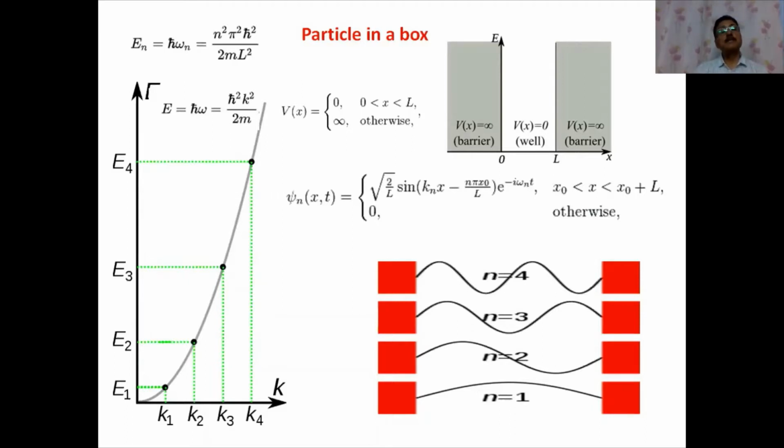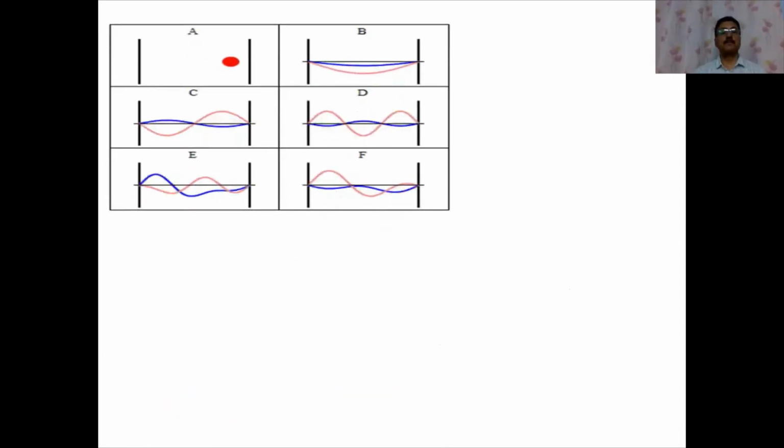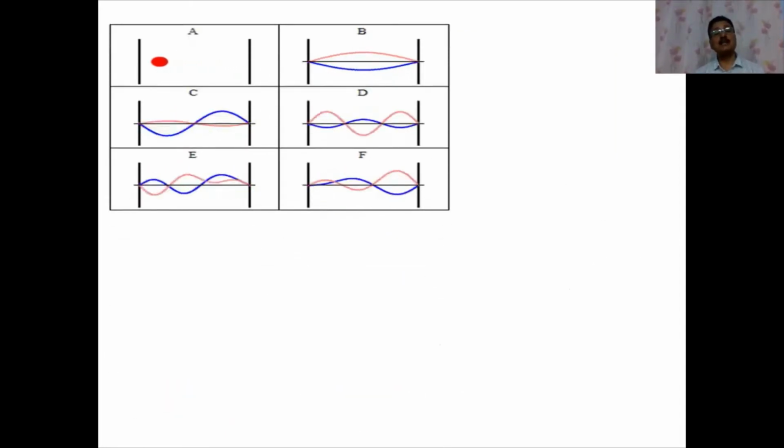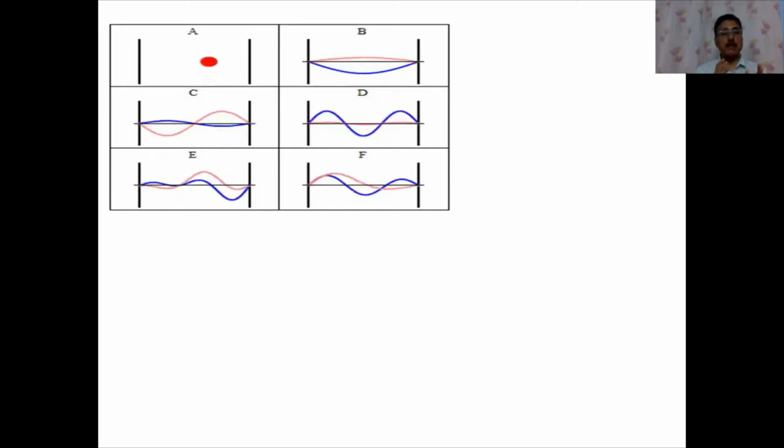If we try to see the wave function for the particle in the box, we will have this. This is the classical particle in a box. It has only kinetic energy. It is bouncing back and forth between the two sides.